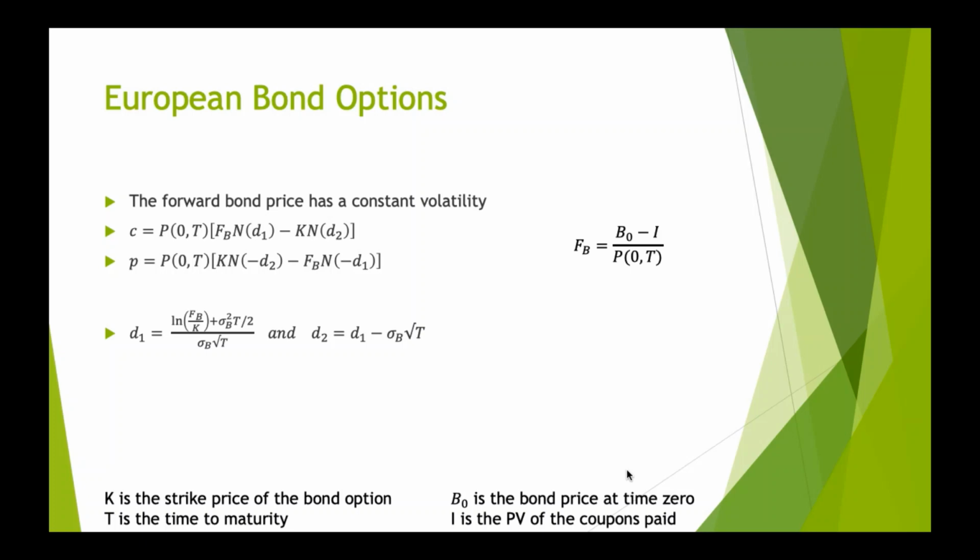So we have the equations here where K is the strike price of the bond option, T is the time to maturity, B sub 0 is the bond price at time 0, and I is the present value of the coupons paid for the bond. As we can see, these equations we already know and we've seen them before.